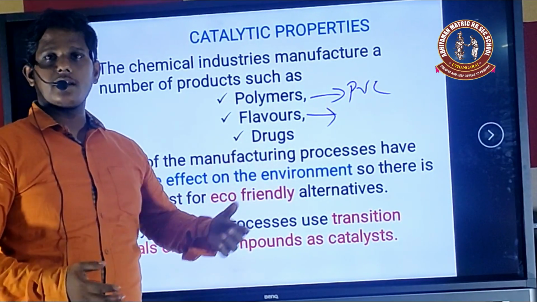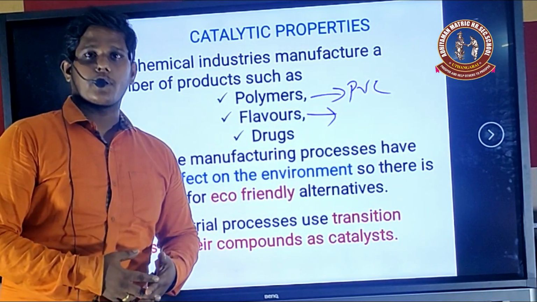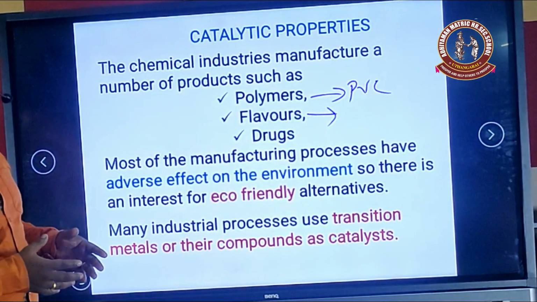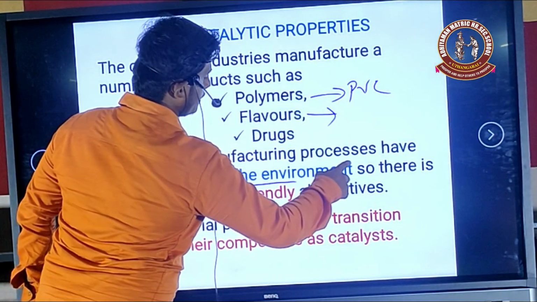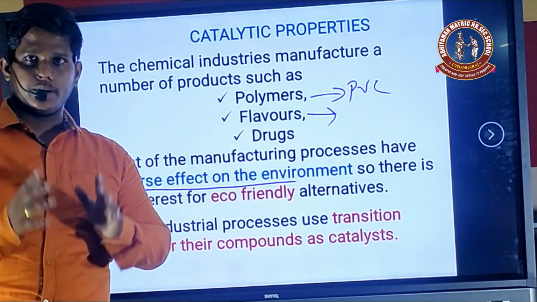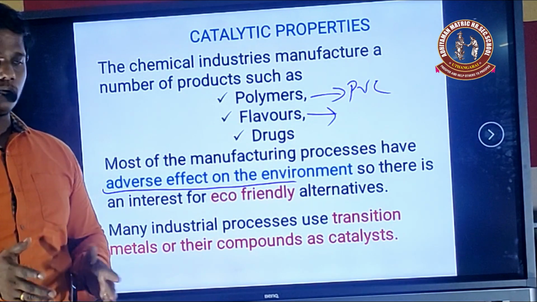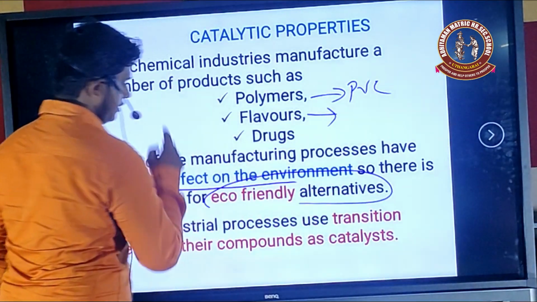Drugs means medicine. These are the products manufactured by industrial processes. At that time the process has more adverse effect on the environment. That means most harmful effect on the environment.